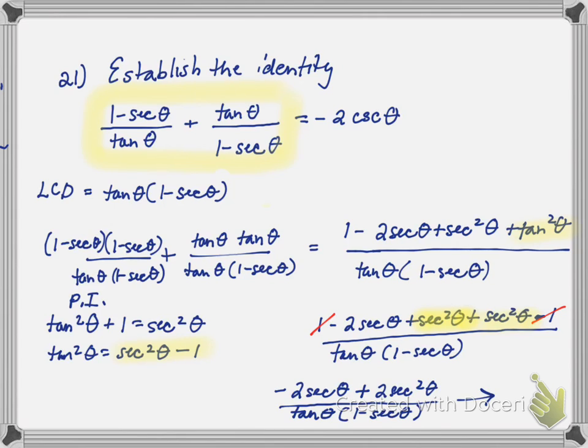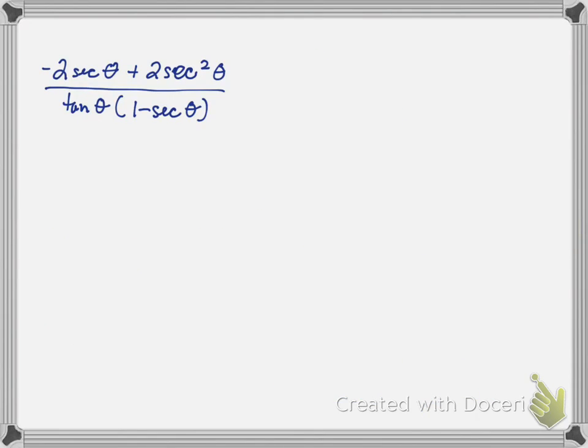Now I'm going to factor out the greatest common factor from the numerator and see what happens. The GCF of this, I'm going to actually take out a negative 2 secant theta. If I factor that out, I'm left with 1 minus secant theta.